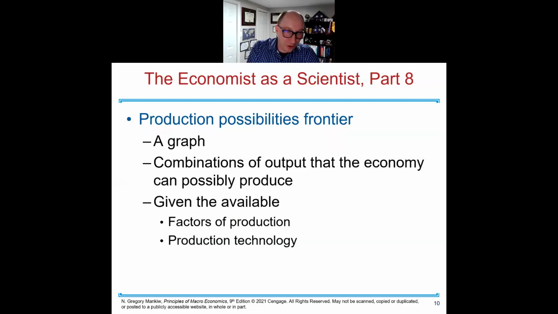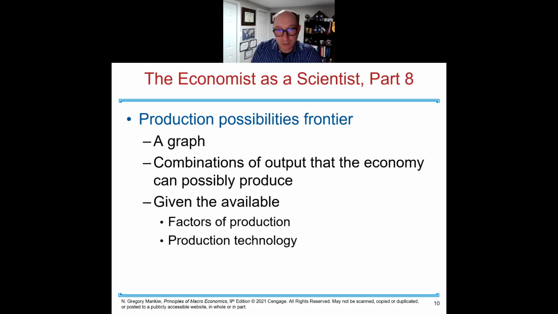Okay, let's complicate it a little bit more. Economists also look at what we call the production possibilities frontier. The production possibilities frontier tells us in a graphical way about the combinations of outputs that the economy can possibly produce.